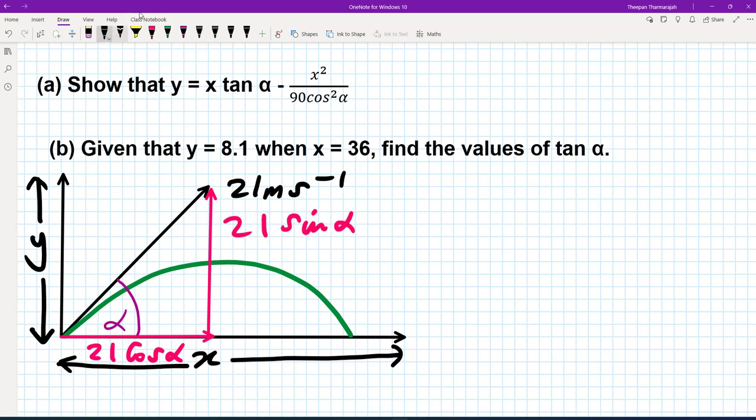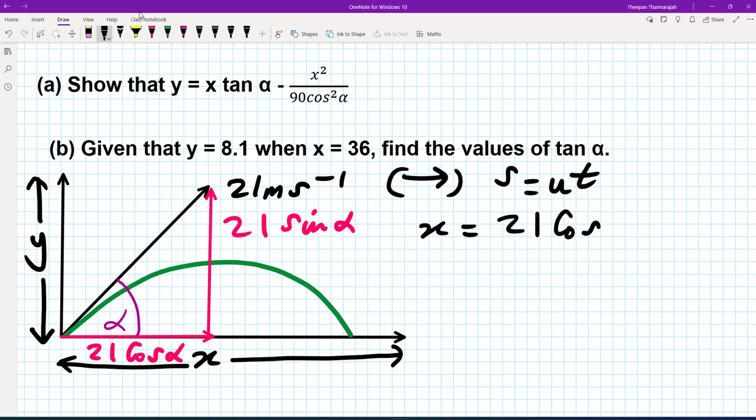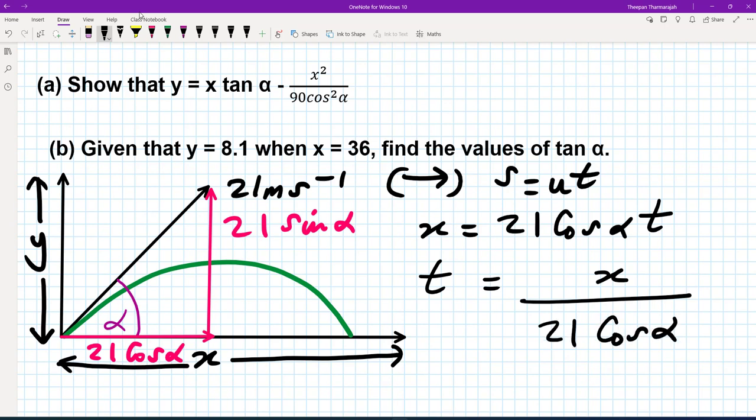So now taking the horizontal motion, s equals ut, we can say x is 21 cos alpha t. So t is x over 21 cos alpha.